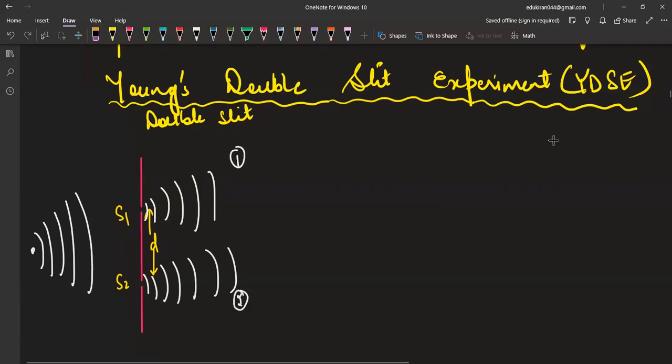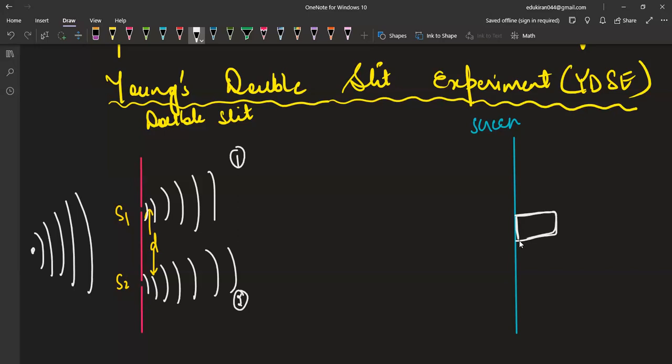At a certain separation, a screen has been taken. This is the screen. What you will observe is some bright light.